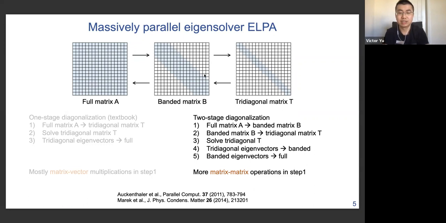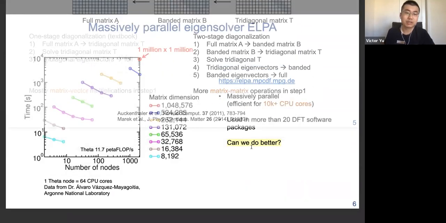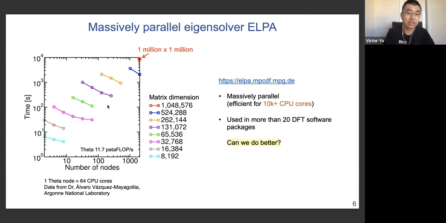And then it further transforms the banded matrix to a tridiagonal form and solves this tridiagonal matrix, and then transforms the eigenvectors back to the original problem in 2 steps. So these 2 algorithms have been available in the ELPA eigensolver library, which offers a highly efficient, highly parallel implementation. So the performance looks like this.